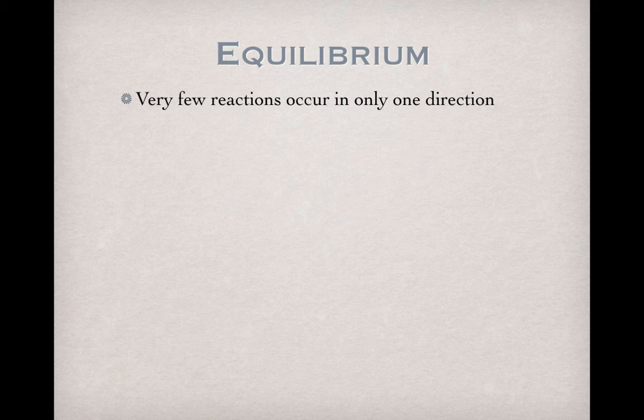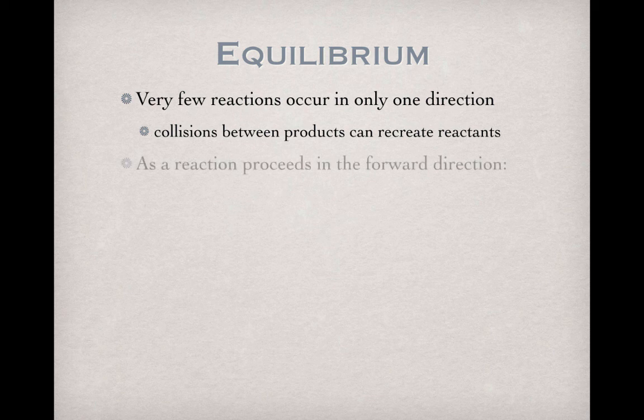Well, as it turns out, very few reactions only go in one single direction, and we saw a little bit of that in this last lecture on kinetics. What we can also see is collisions between product molecules that can recreate reactants, and so products re-react and form reactants all over again.